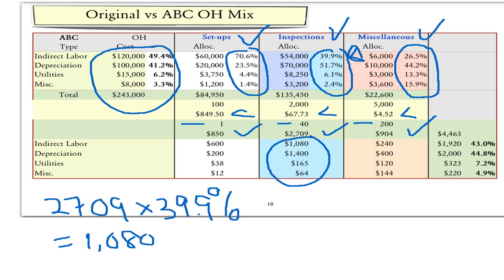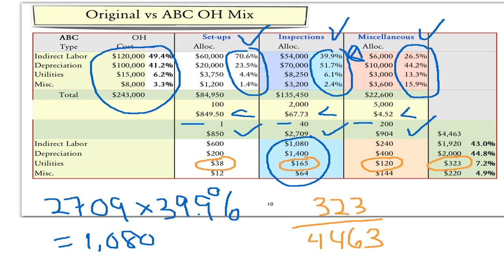Now, to see how much, say, utilities are charged to the job, we could take the $38, the $165, and the $128 that are assigned through each of the activities, sum it up to $323. Now, what percentage of that is that of the total overhead? Well, 323 divided by 4463, and that's equal to 7.2%.